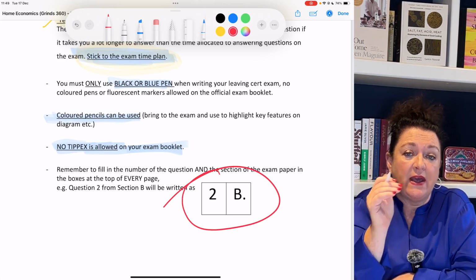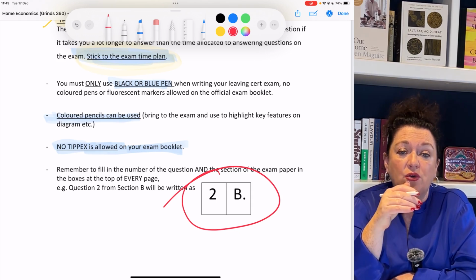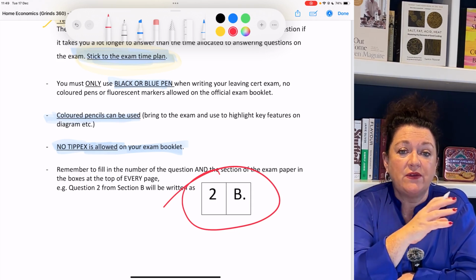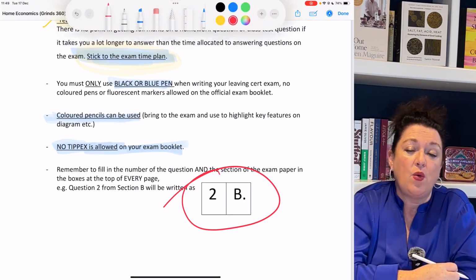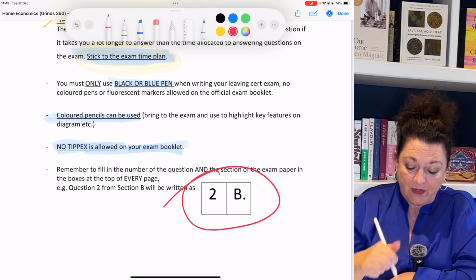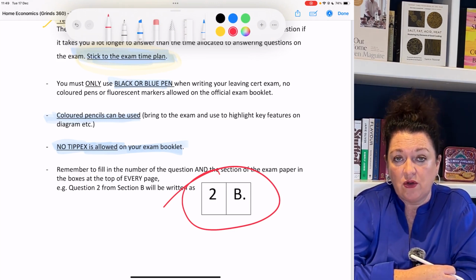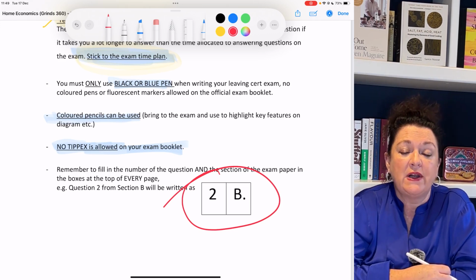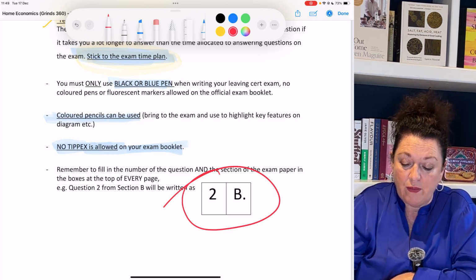And that is something, again, for all subjects as well as your home economics. Make sure that you go back over last year's Leaving Cert exam 2024 and look at what advice was given. And one piece of advice that is given to all students is how to fill out the top of every single page of your booklet.